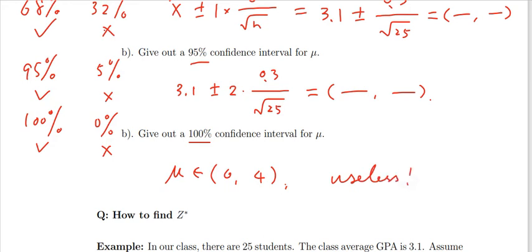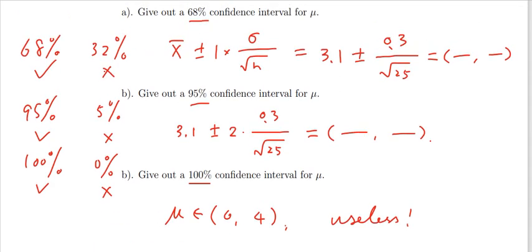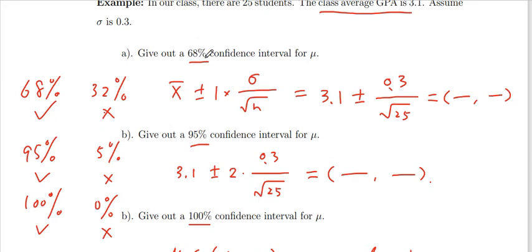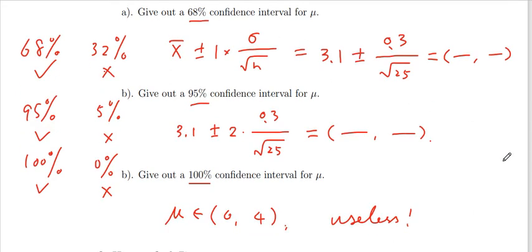Okay, so this is useless. So for the confidence level, we cannot set the confidence level to 100, and also maybe cannot set it to 68. So we say the confidence level should be about 95%, which is better. By default, it's 95%.